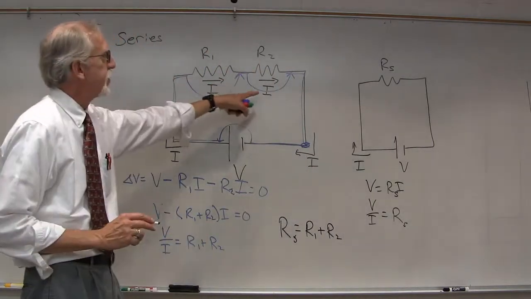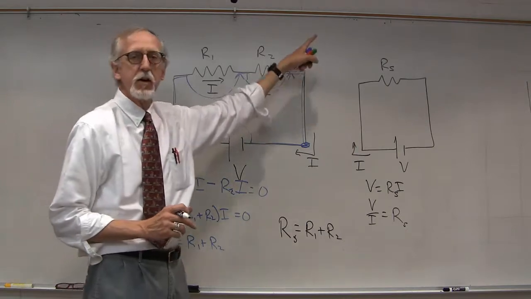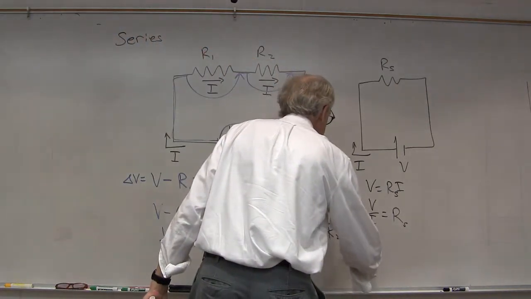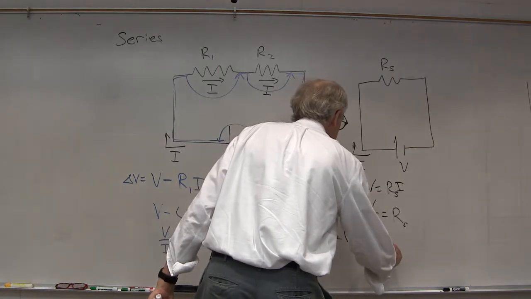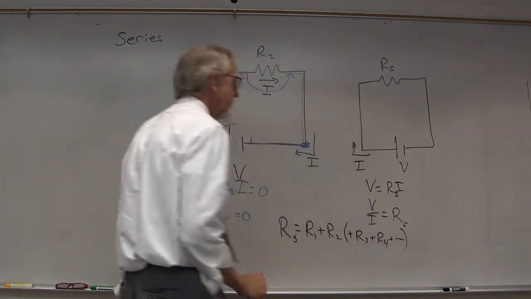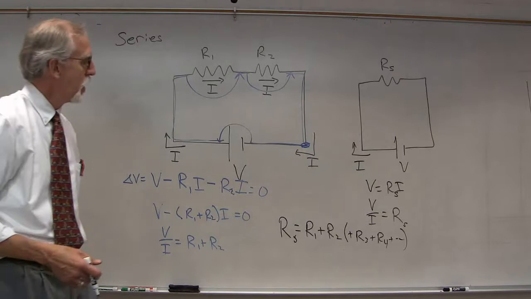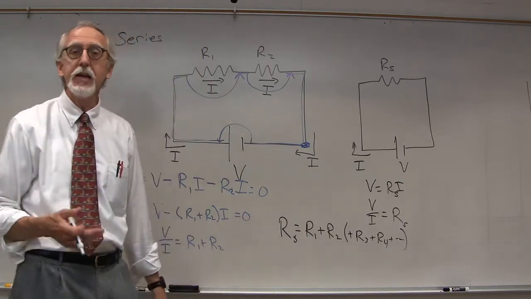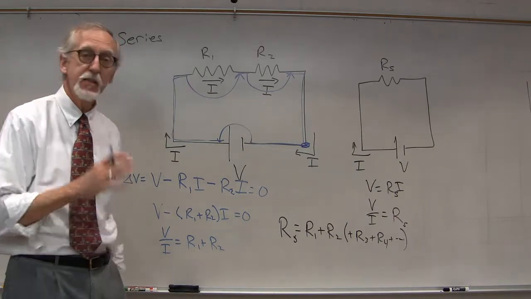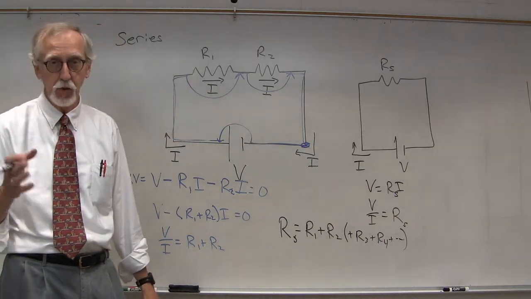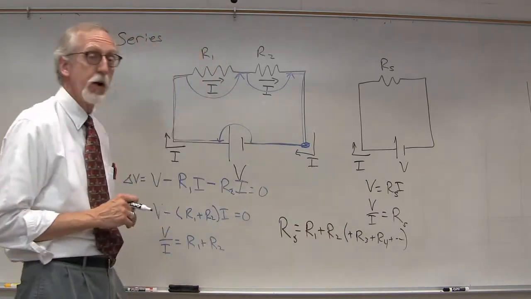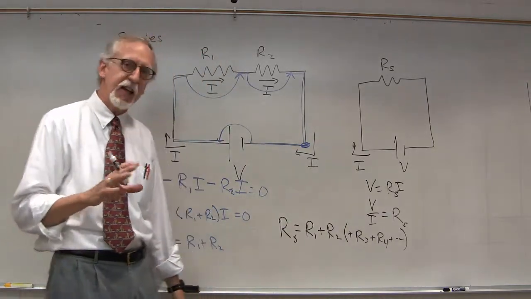And you can just imagine if you were to put an R3 and an R4, R5, etc., what you could then do is basically just add R3 plus R4 plus etc. for as many resistors as you want. Essentially, the equivalent resistance of resistors in series is the sum of all of the individual resistors. R1 plus R2, etc. There we go. Excellent. Let's take a look at another circuit.